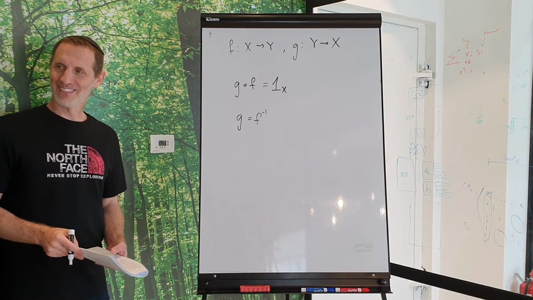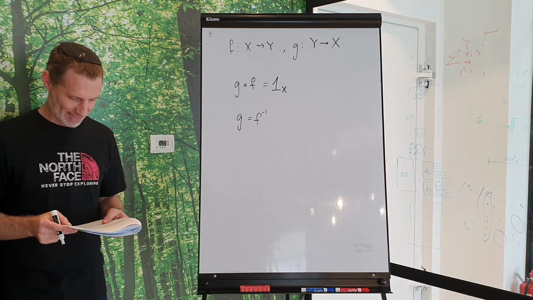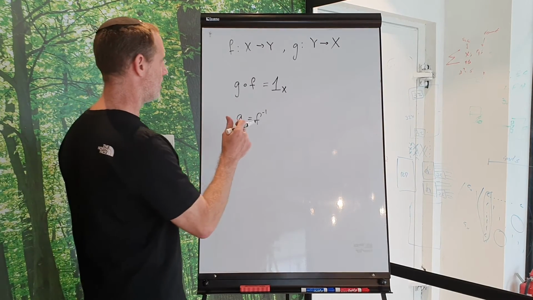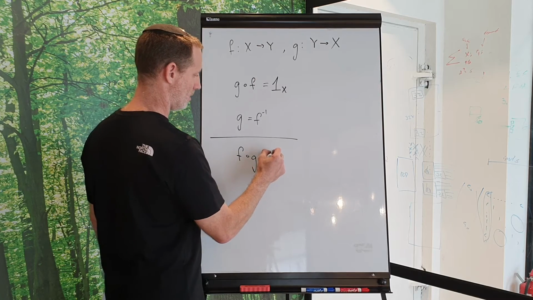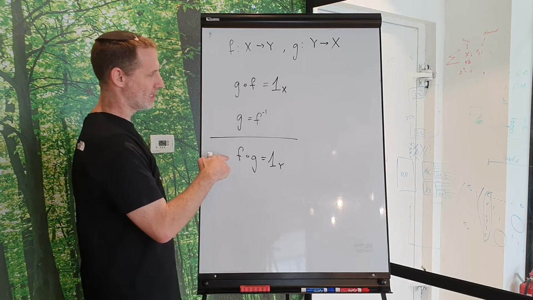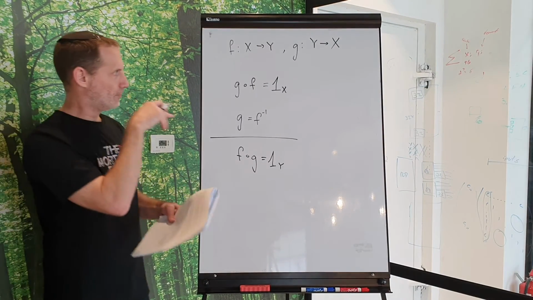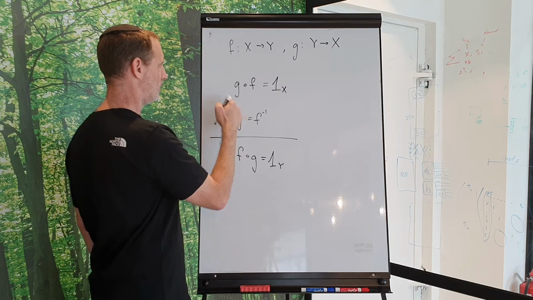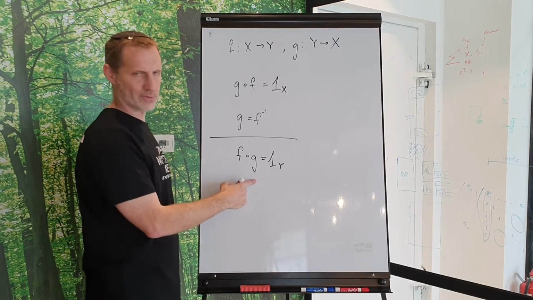That's where it gets a bit tricky with this regard. Obviously, if f of g equals the identity on Y, the two don't necessarily need to happen together. This one is called a left inverse, because we always look at the inverse function, and this is called a right inverse.